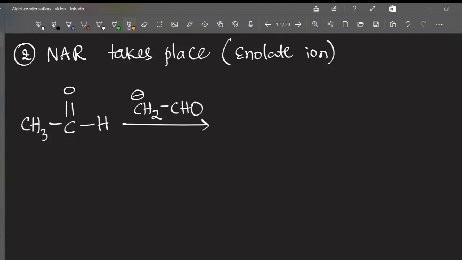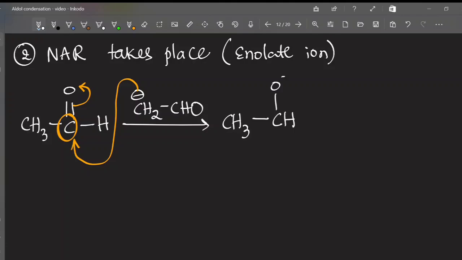We know very well this is the electrophilic carbon we have discussed earlier. So this particular nucleophile will go, and then what we are going to get is CH3 CH, and then O minus, and then CH2 and then CHO.